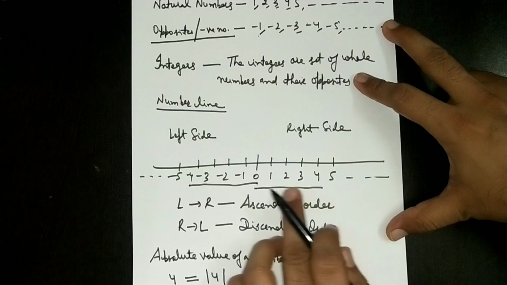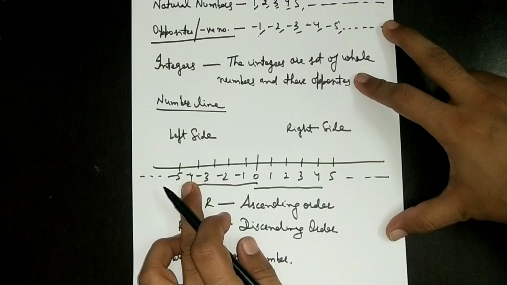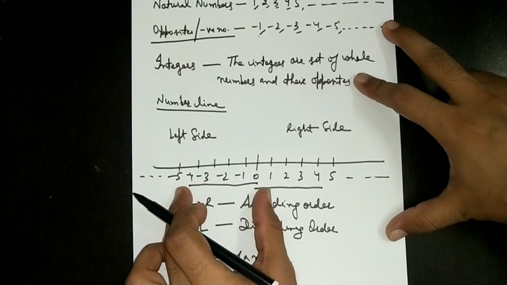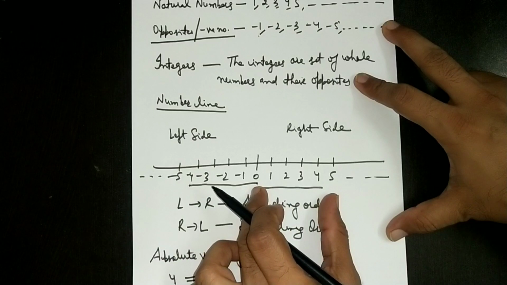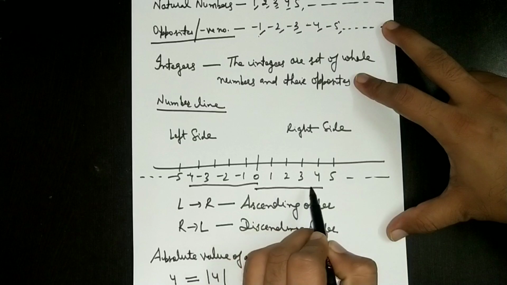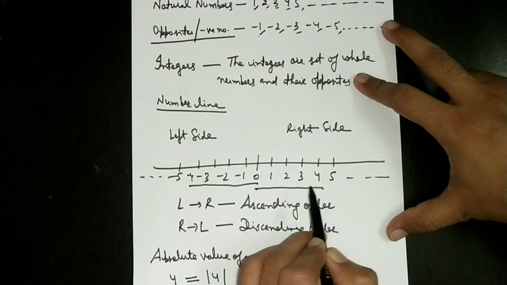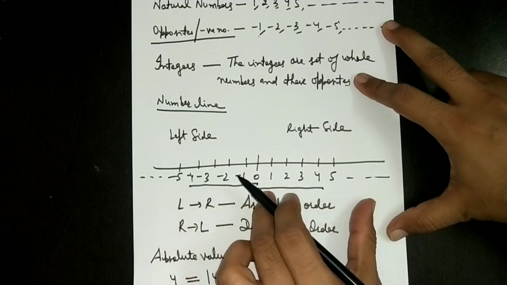So the distance between 0 to 4 and the distance between 0 to minus 4 is same.